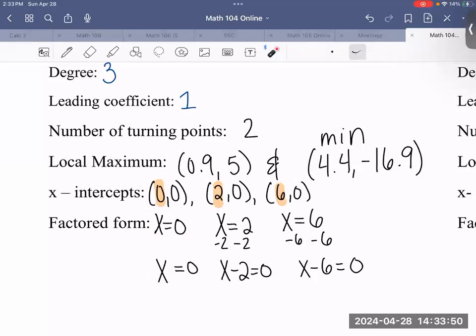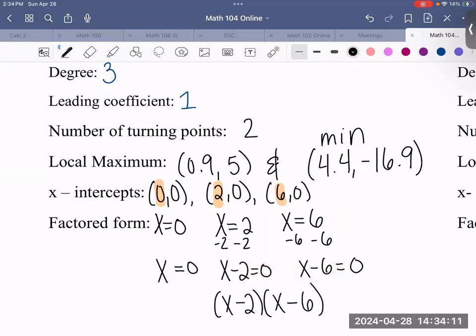So if we said, hey, this is fully solved, let's try and get it to be fully factored, your factored form. Right before this form, before we set it equal to 0, we typically have things in parentheses. So we're going to put x minus 2 in parentheses, and x minus 6 also in parentheses.